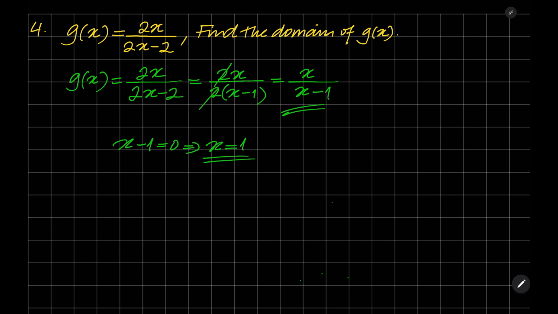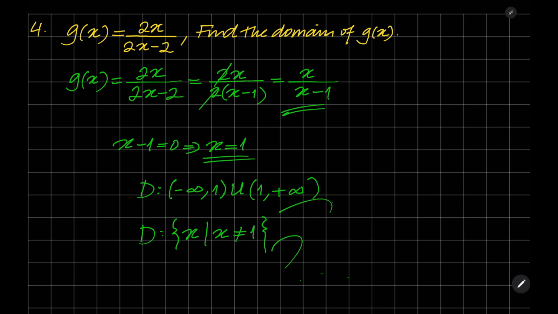Then the domain of g of x is negative infinity to 1 union 1 to plus infinity, or domain of g of x is x such that x cannot be equal to 1. That's the answer.